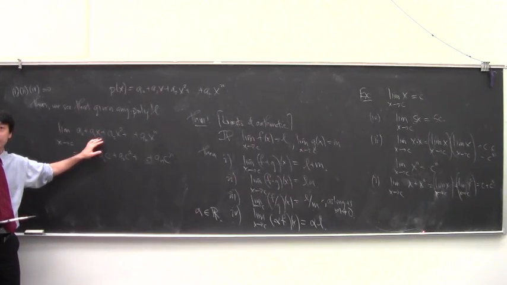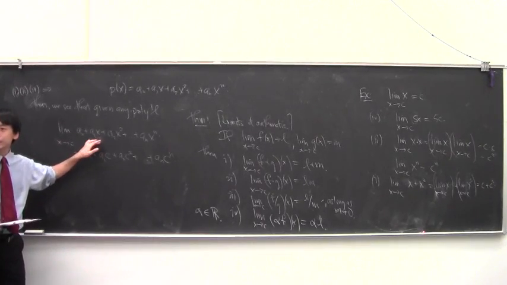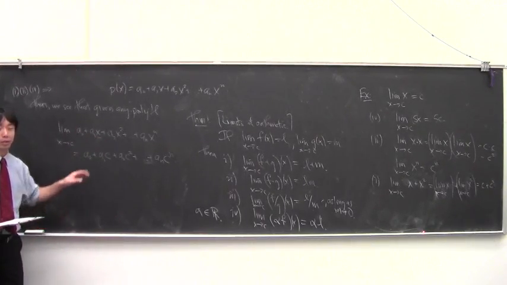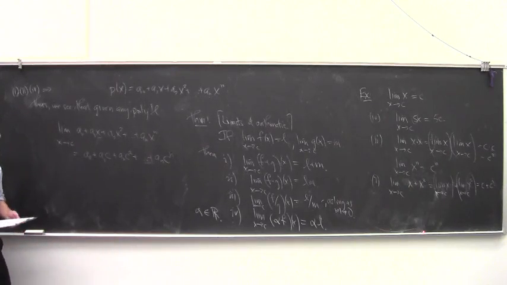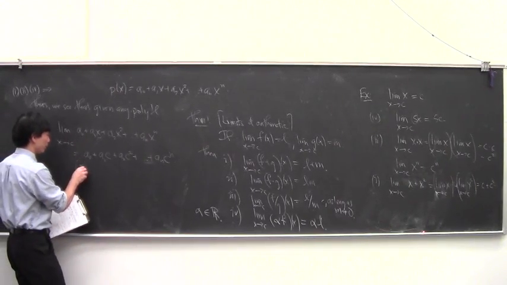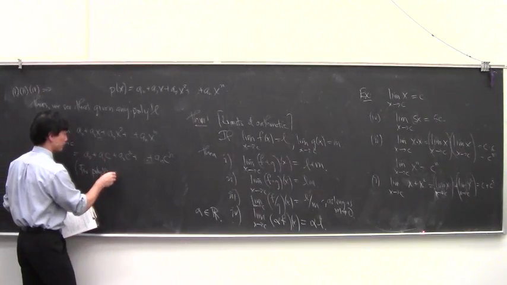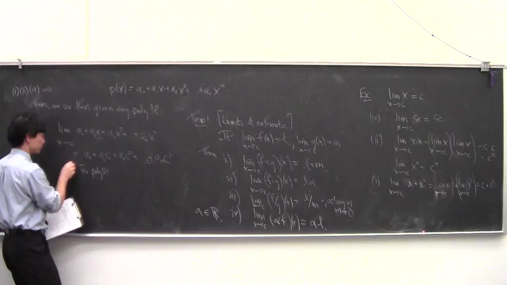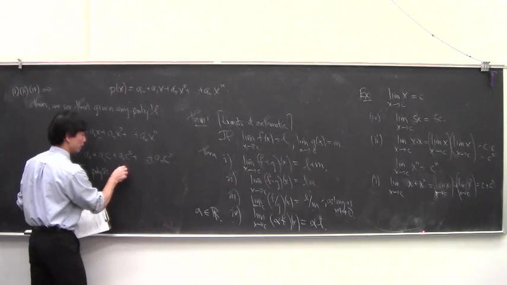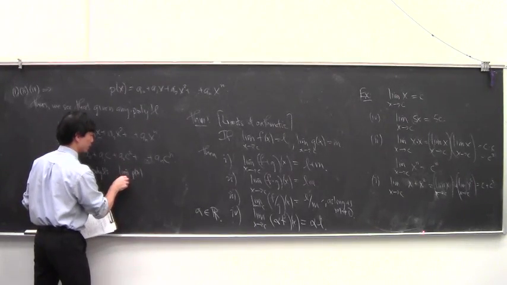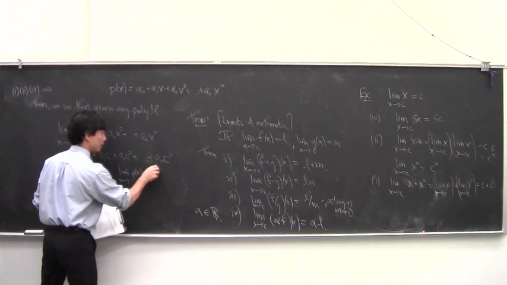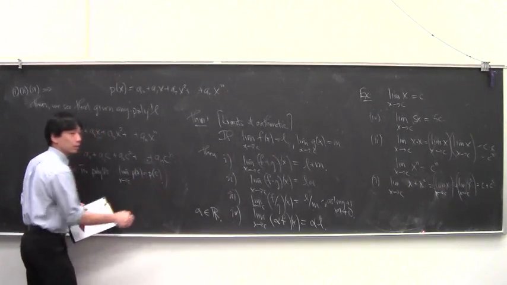So polynomials. Somebody asked earlier, what kind of functions can you find the limit of by just plugging in the value? Well, here's one answer. Polynomials will do that. For polynomials, the limit of p of x as x approaches c is just p evaluated at c.